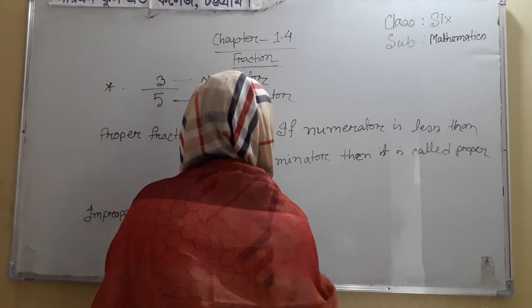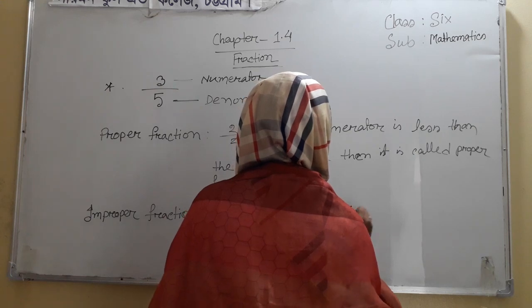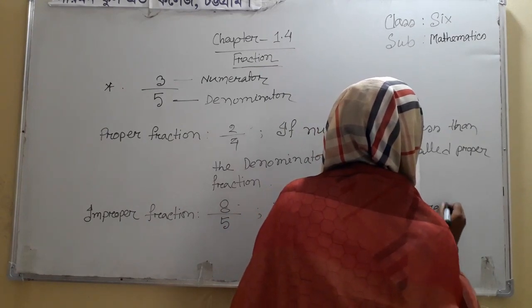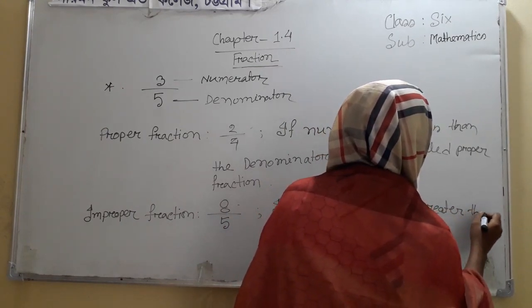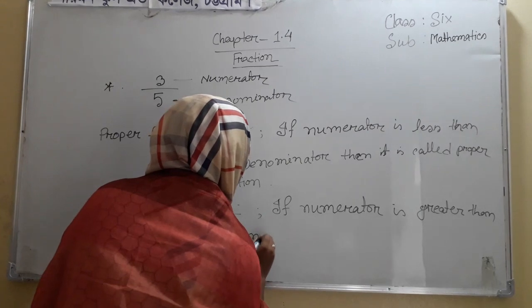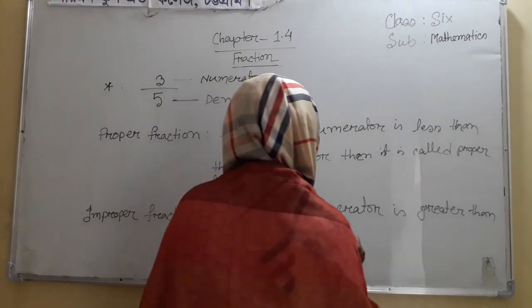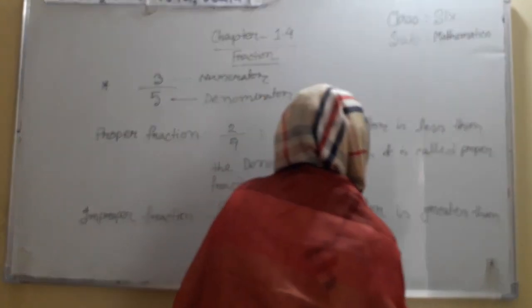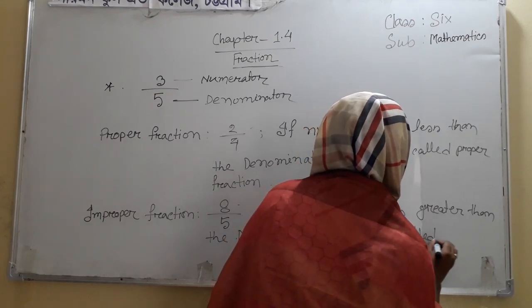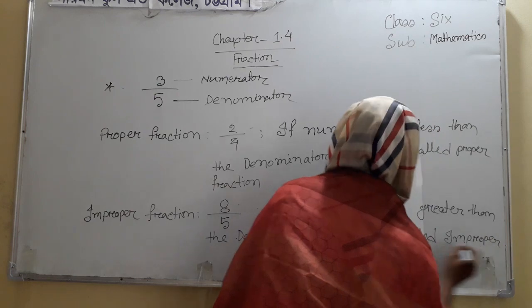Now we can write: if numerator is greater than the denominator, then it is called improper fraction.